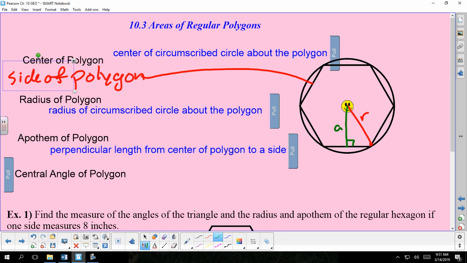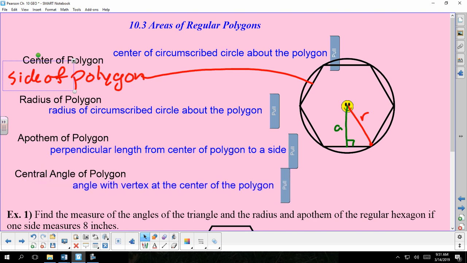And the last thing we need to define is the central angle of the polygon. So the angle with a vertex at the center of the polygon.